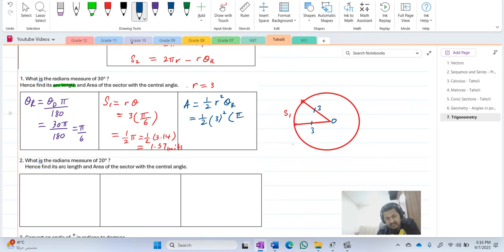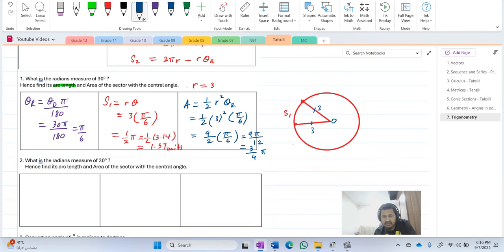So 3 squared is 9 over 2, multiplying by pi by 6, 9 pi over 2 times 6 is 12, not 18, so 9 pi over 12. So we will get 3/4 pi, because we can divide the top 9 by 3 and the 12 by 3. 9 divided by 3 is 3, 12 divided by 3 is 4, 3/4 pi.